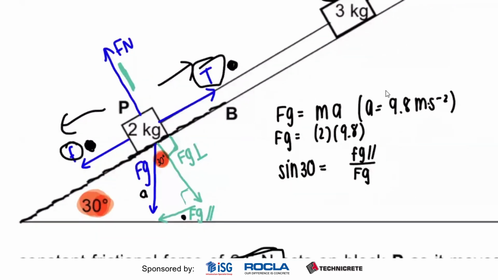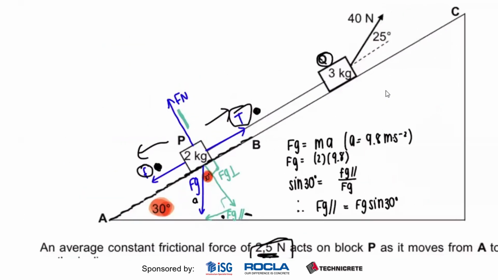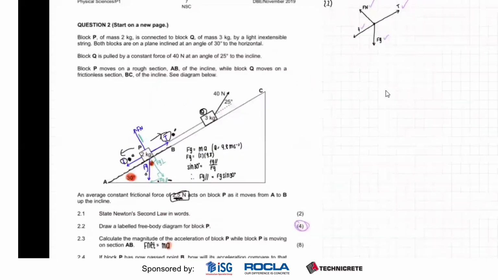Okay, therefore, the FG parallel, which is the one that we want, is equal to FG, the normal force of gravity, times the sine of 30 degrees. Okay, so now we know what this is. We know what the friction is, but we don't know what the tension is. So we are going to start now with our working out.